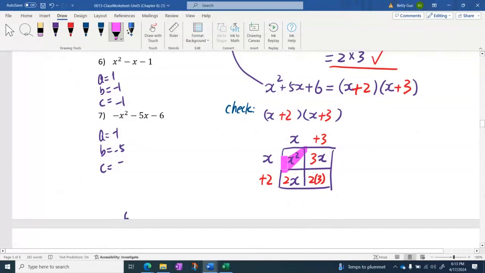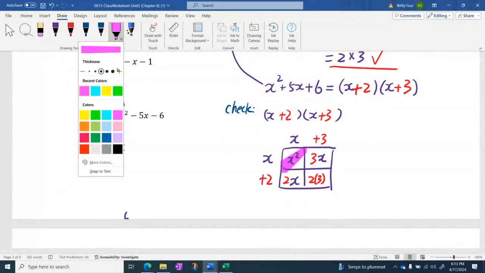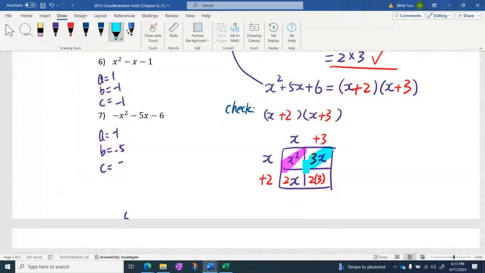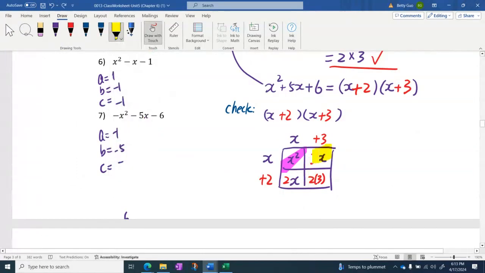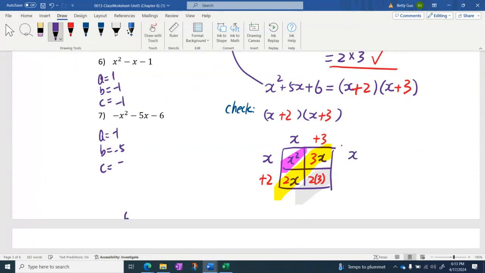Remember the diagonal pattern. So we have x squared plus, as you can see, we have 3x and 2x.